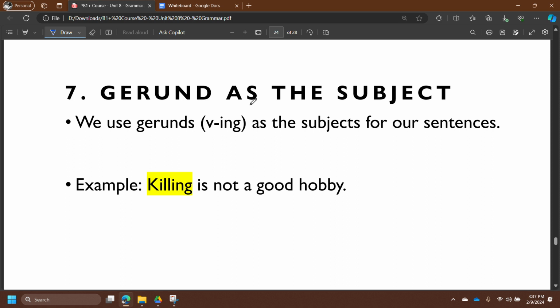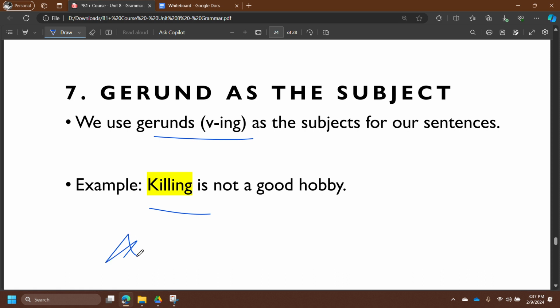Pattern 7, gerund as the subject. We use gerunds, verb ings, as the subjects for our sentences most of the time, much more than using infinitives. It's not wrong to use infinitives, but it's not very common nowadays in modern English, so we don't. Example, killing is not a good hobby.